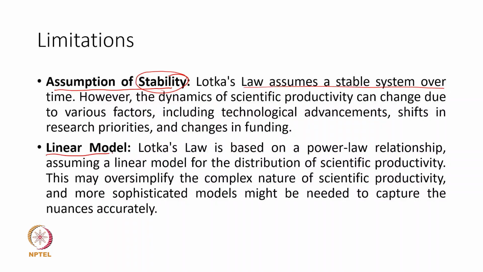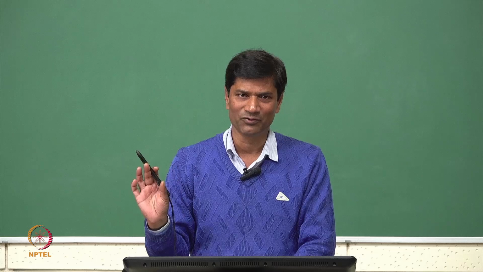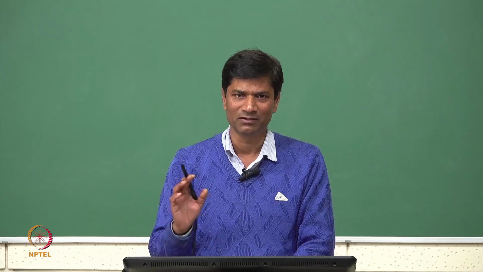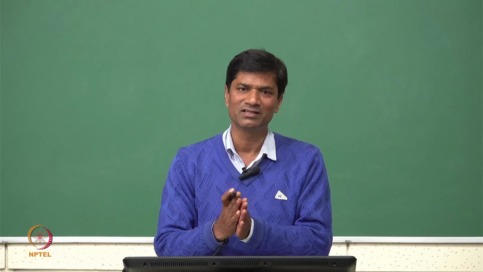Lotka's law is basically a linear model. It's based on the power law relationship, assuming a linear model for the distribution of scientific productivity. This may oversimplify the complex nature of scientific productivity. You see, Lotka only counted the number of publications against the contributor, how many articles are published by a particular contributor. But the nature of science is complex.